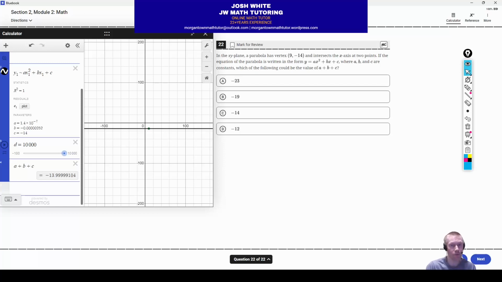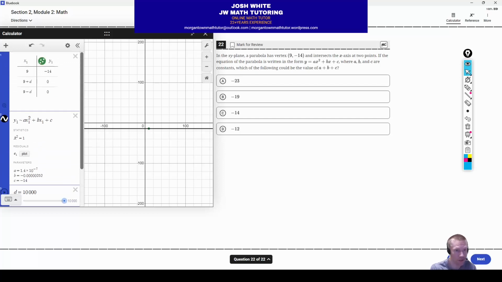So this is confirmation that a plus b plus c could be negative 12, and it cannot be any other values. Again, this is how you could solve the entire problem in Desmos, really without any work. Just to quickly review, I made a table. I entered the vertex point.